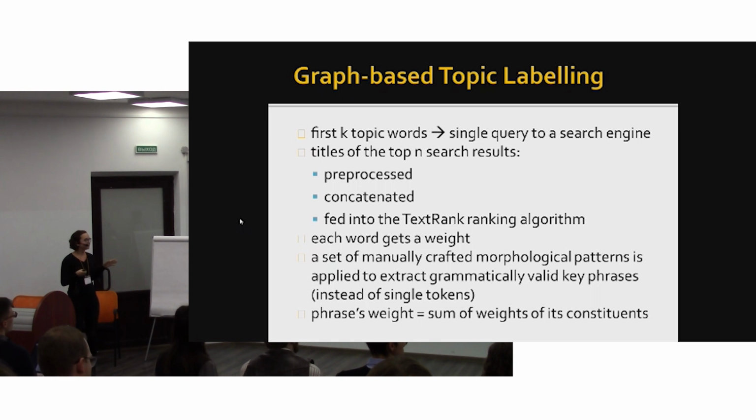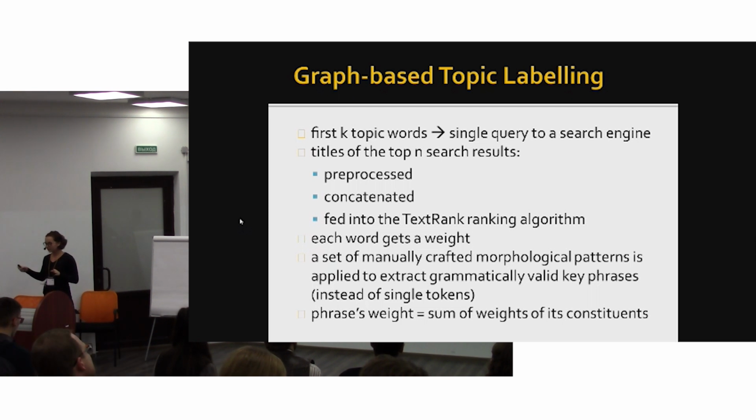Then we collect the titles of the top n search results, pre-process them, concatenate them into one continuous string, and feed it into the TextRank algorithm. TextRank was first introduced for the English language, but it was proved to be consistent for Russian as well.